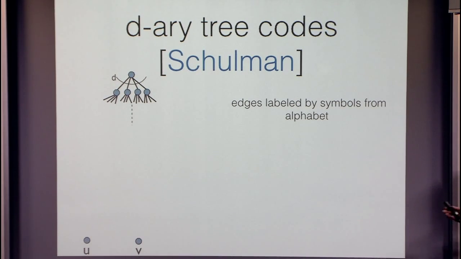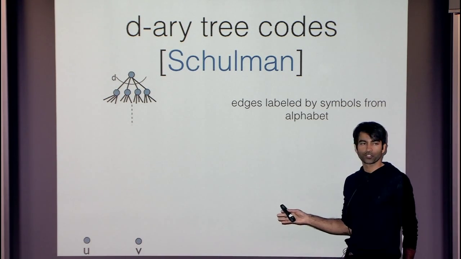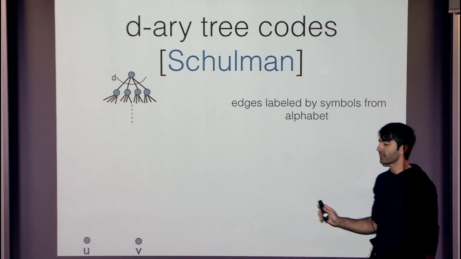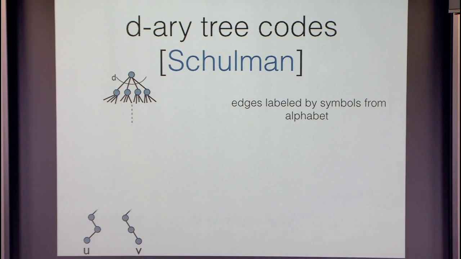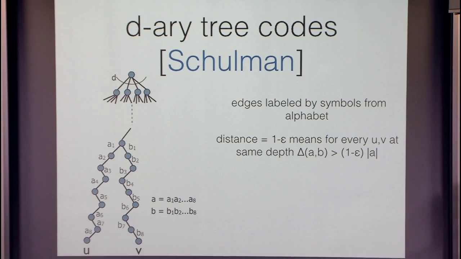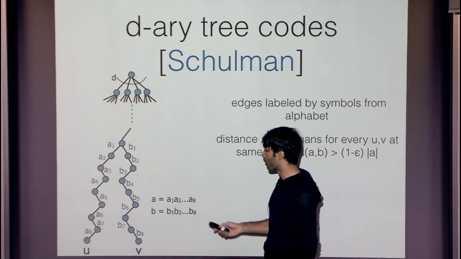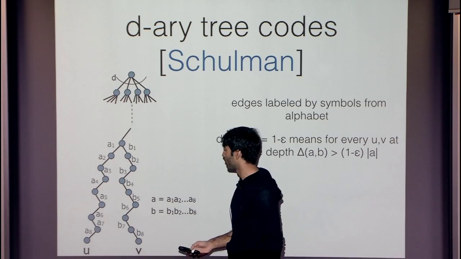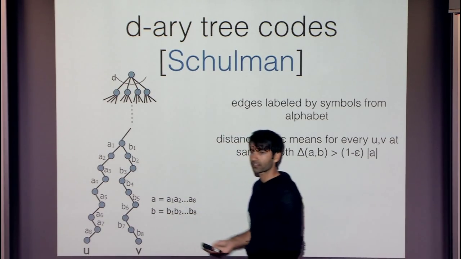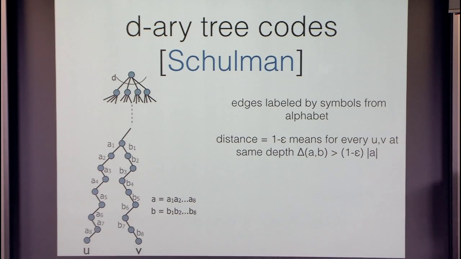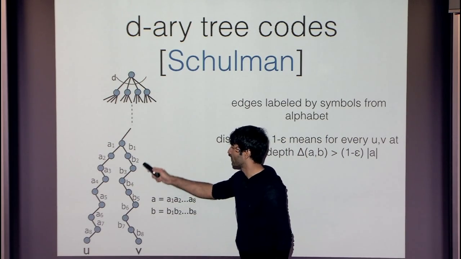If you take any two vertices u and v in the tree, which are at the same depth, and look at the path that goes from u to the least common ancestor of u and v to v, then this path has a large Hamming distance on it.